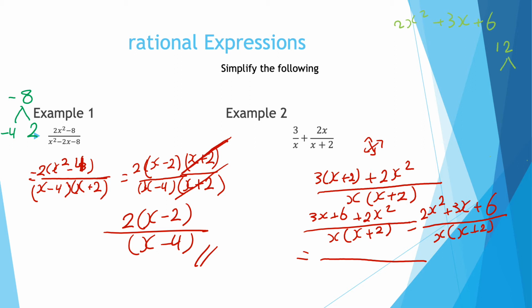I'm just going to list out the factors to show you: 6 and 2, 3 and 4, and 12 and 1. And none of these, if you add them together, give me 3. So that means this expression cannot be factorized further. So this is my final answer. I don't have to go to any more extra steps.